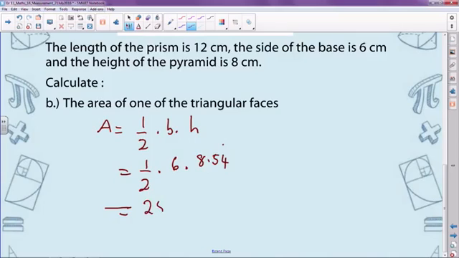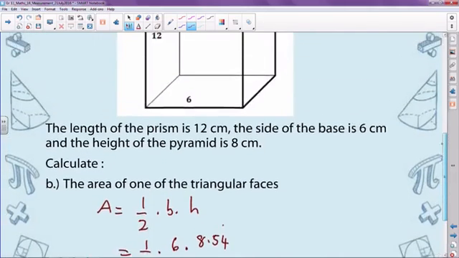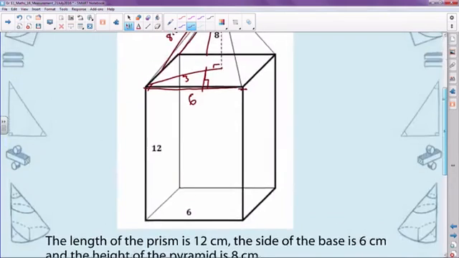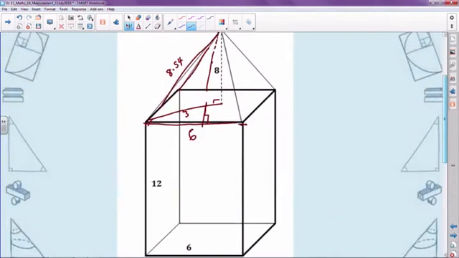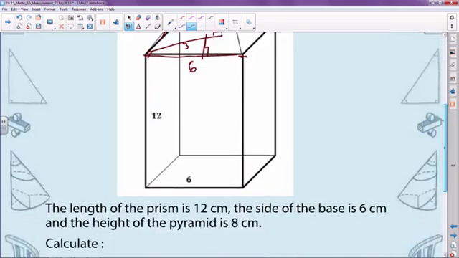So 25.62 is your area of one of the faces, and it's always given in square units, so that will be centimeter squared. Now just looking back, let's not be confused, guys, by the 8 there.